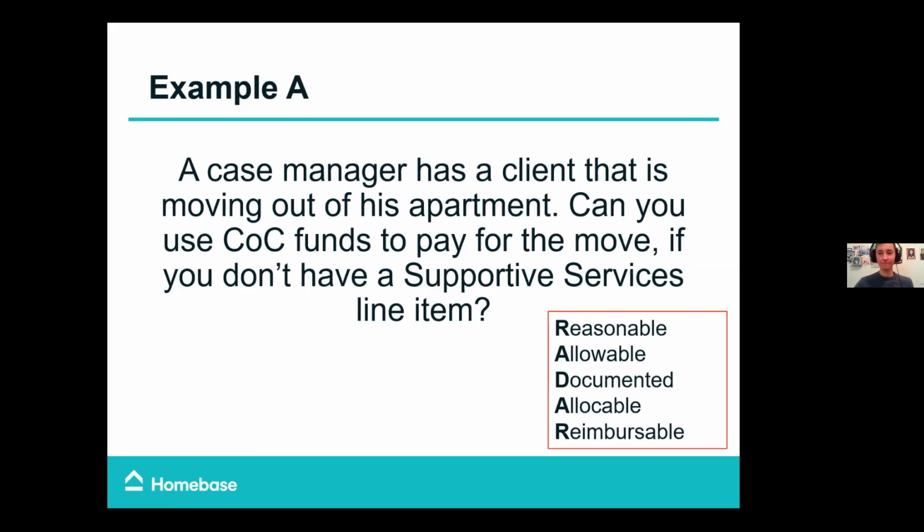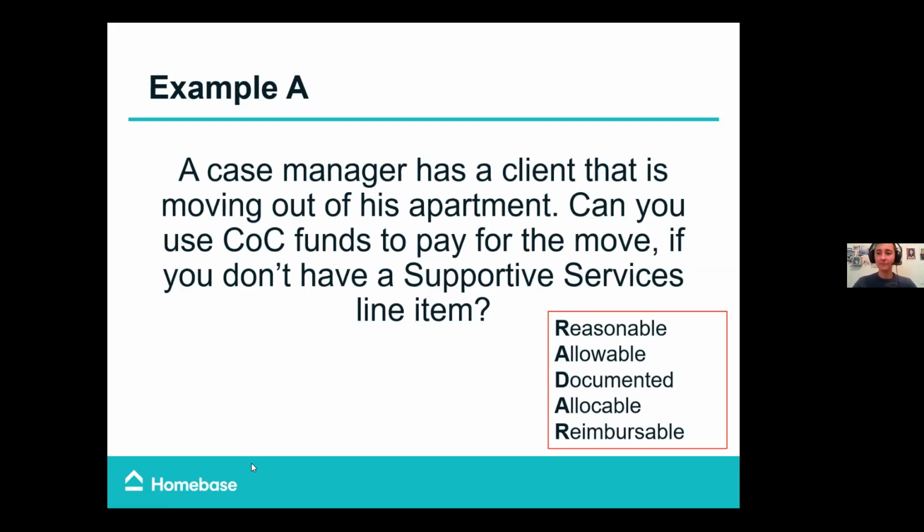Though this is an allowable eligible cost under the interim rule, it's not a part of your budget, and so it's not reimbursable. Though, as I noted, supportive services costs are not limited to the specific budget line items requested through the application, and the project can spend awarded funds on any eligible supportive services cost, it does need to have a supportive services line item in its budget in order for it to be reimbursable.